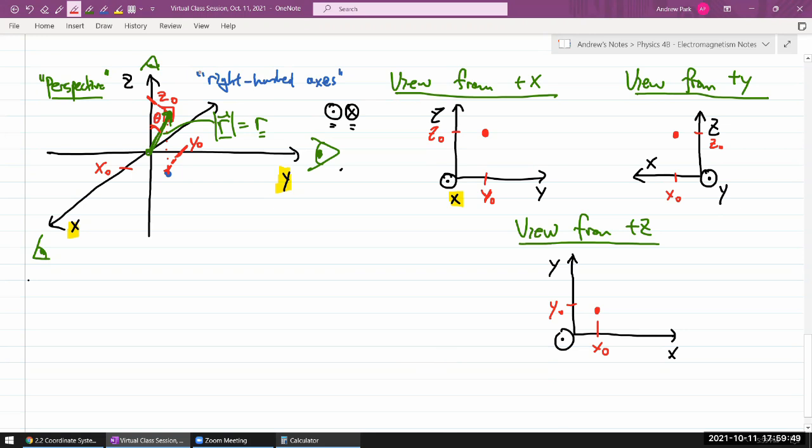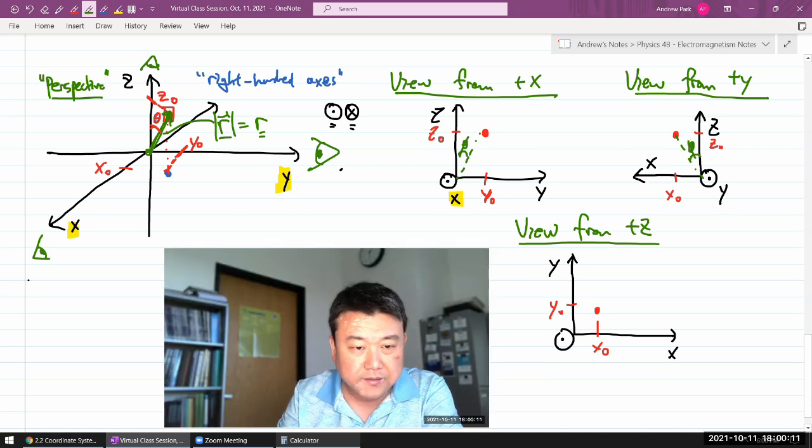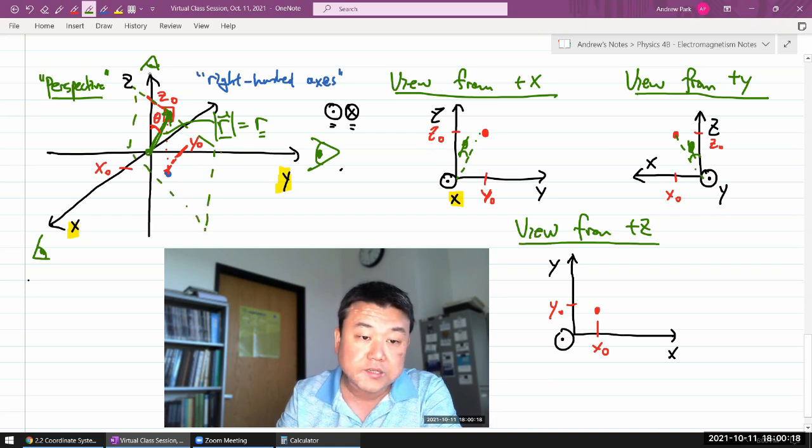I don't think this angle theta can be represented on any of my drawings here. So if I were to draw this line and label this angle, or draw this line and label this angle, I'll bet you that these are not going to be equal to theta. Basically, the only way to get this angle theta is you have to think of a representation in this plane that contains the origin, z-axis, and the point.